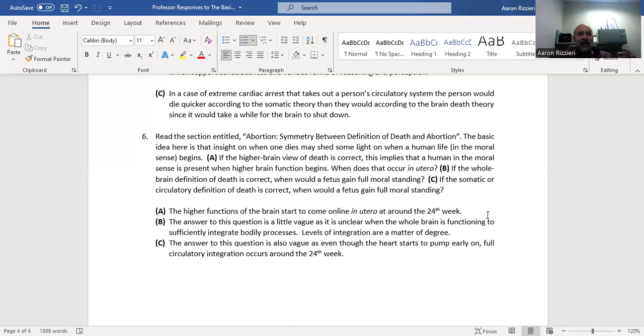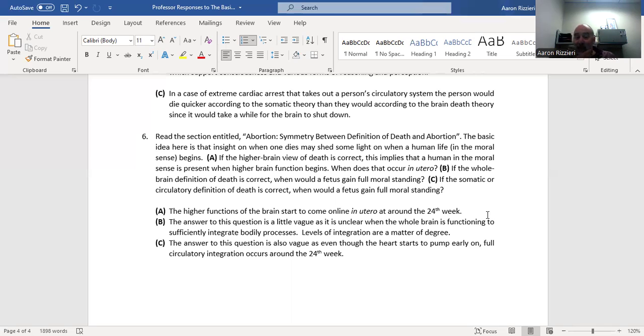But I think we can assume that an important component of that debate involves the moral status of the fetus. When does it possess full moral standing? This theory implies that that would occur at the 24th week. Okay.